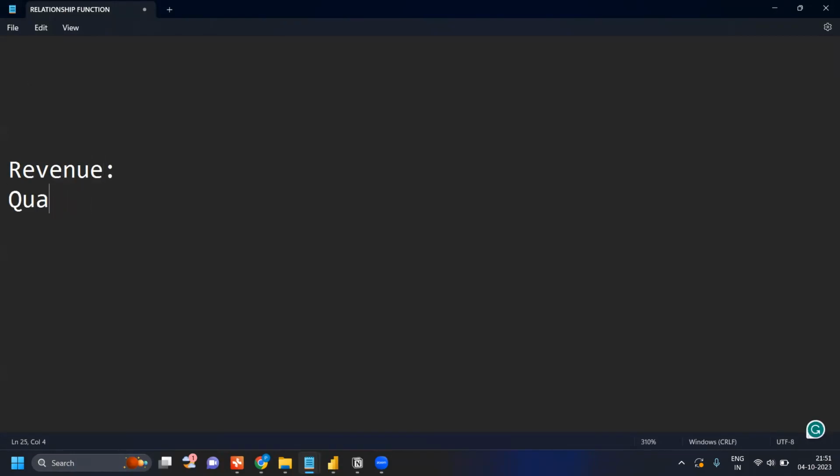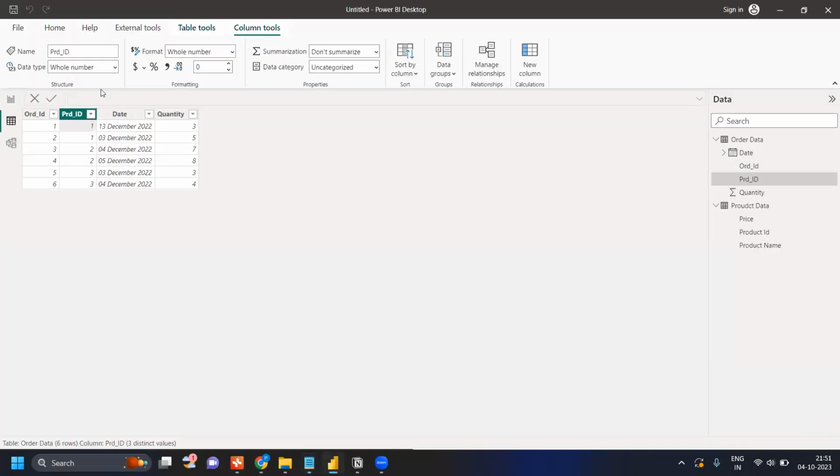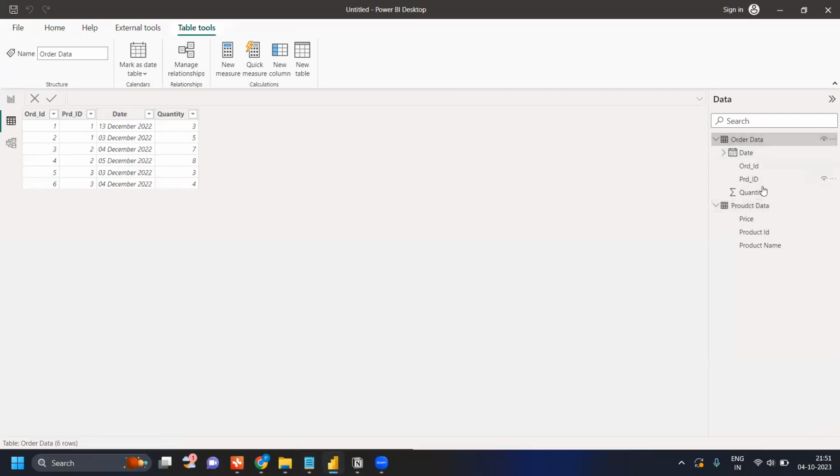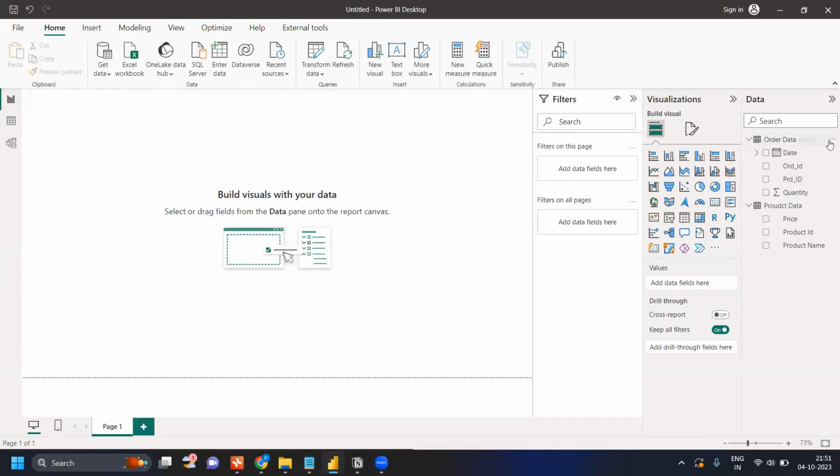The quantity into the price. But the challenge here is the price is in the product table, and the quantity is in the order table. Do you think we can do the multiplication of both in one calculated column or measure?